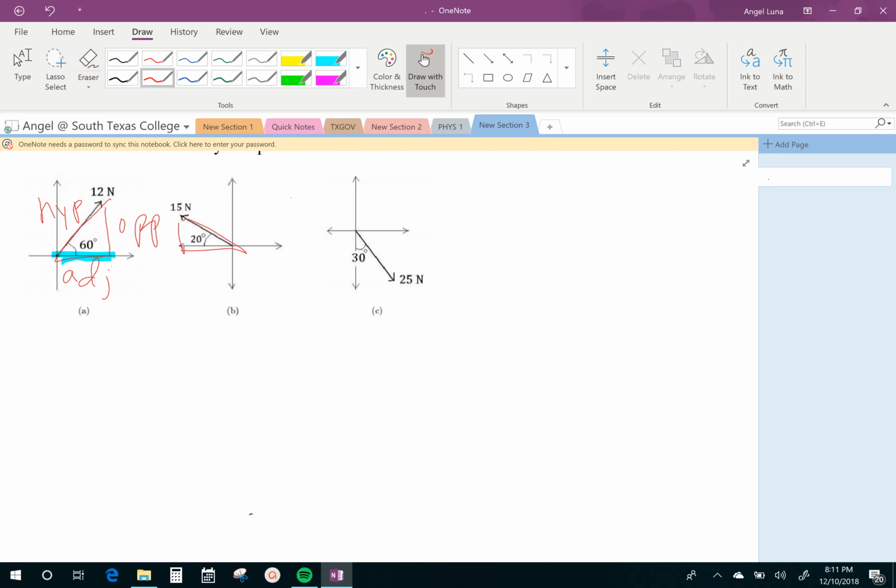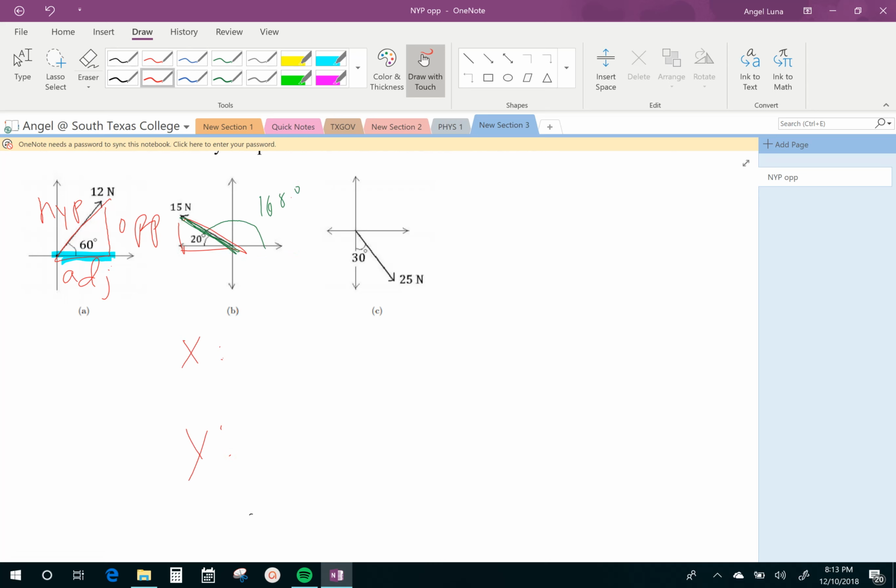Essentially what I personally like to do is I like to start originating my angle from the positive x-axis all the way to the end of the vector given. This is going to be 160 degrees, which is essentially the straight line, which is 180 minus the 20.